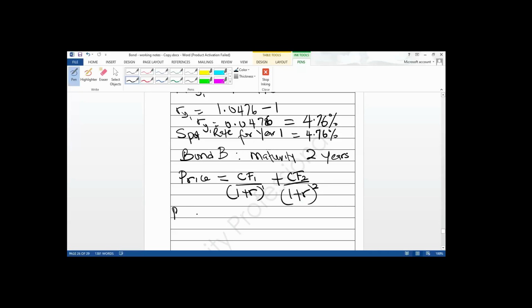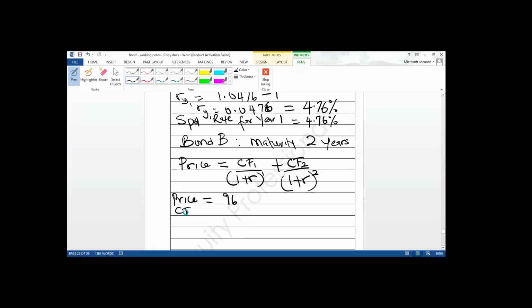The price of the bond is 96. Cash flow in year 1: annual interest is equal to 4% of 100 naira. 100 naira is the face value. That gives us 4 naira.